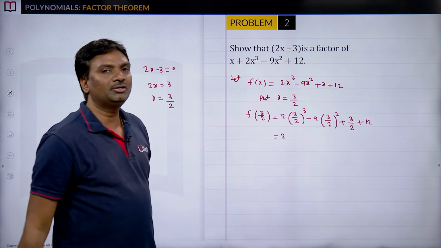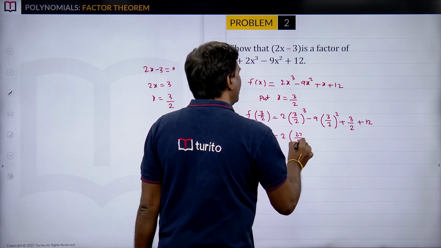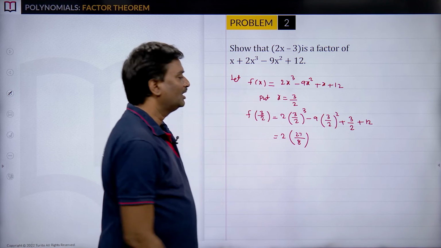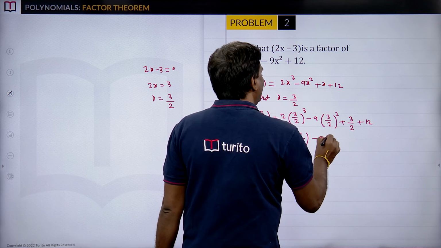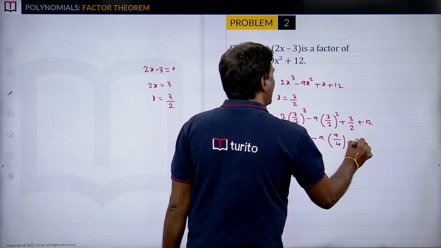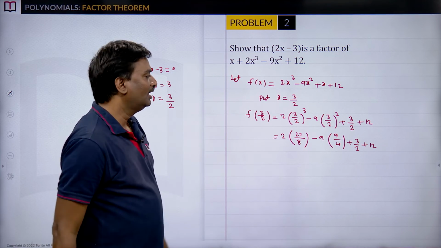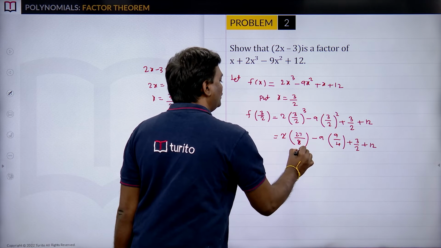So that is 2 into (3 by 2) whole cube. 3 cube is 27, 2 cube is 8, minus 9 into 3 square 9, 2 square 4, plus 3 by 2 plus 12. Here we can cancel 8 by 2 four times.